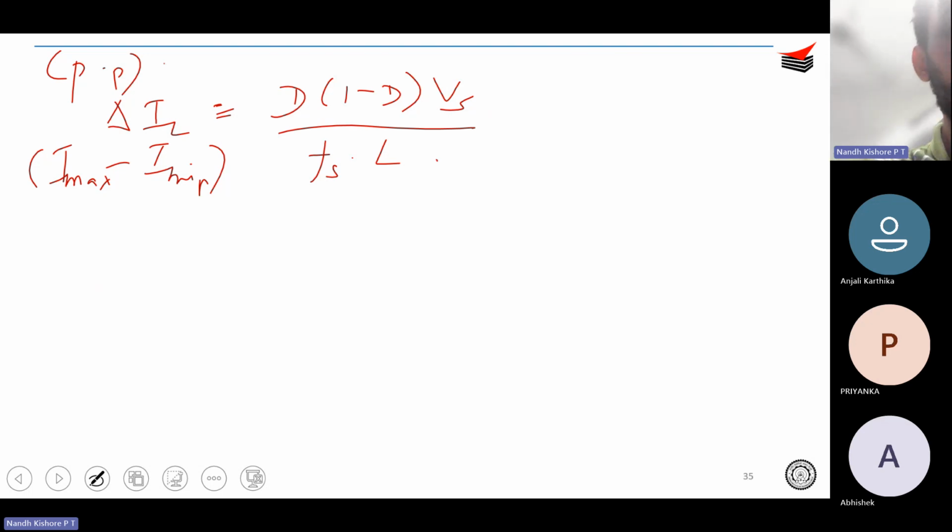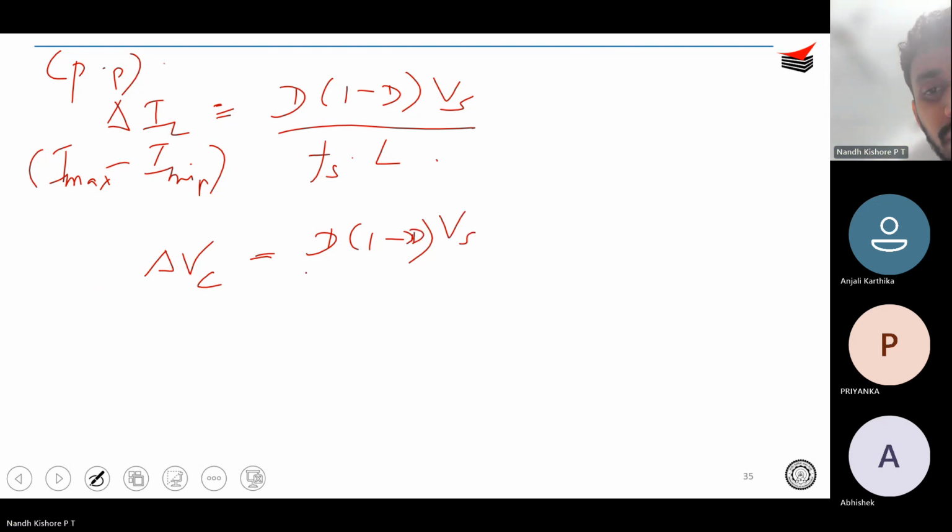Correct? Similarly, your peak to peak voltage ripple delta Vc will be D into 1 minus D into Vs divided by 8 f square LC. Okay. So you can find out what your C value is from this.